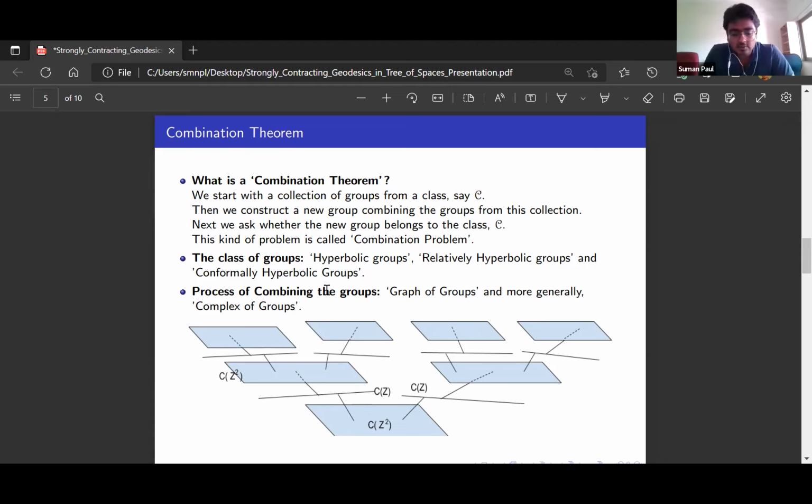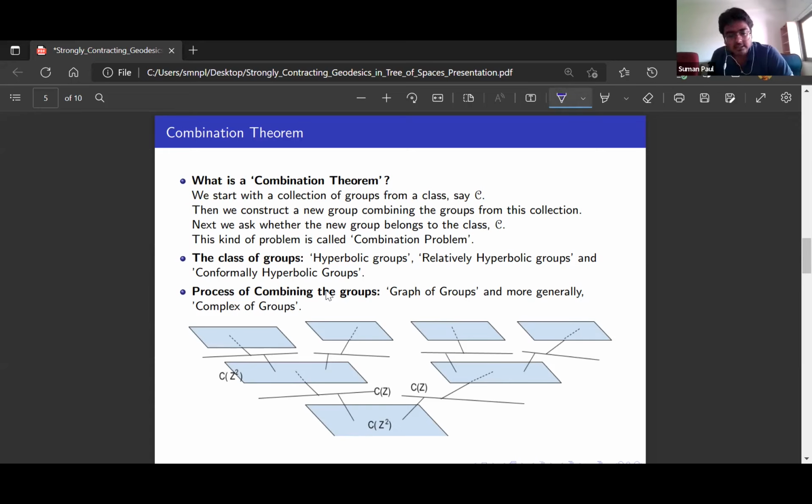Okay, and in general, we can give the definition of tree of spaces generally. So this is an example of a tree of spaces. What we do is we basically take a tree, any tree, and at each vertex, we add some spaces called vertex spaces.